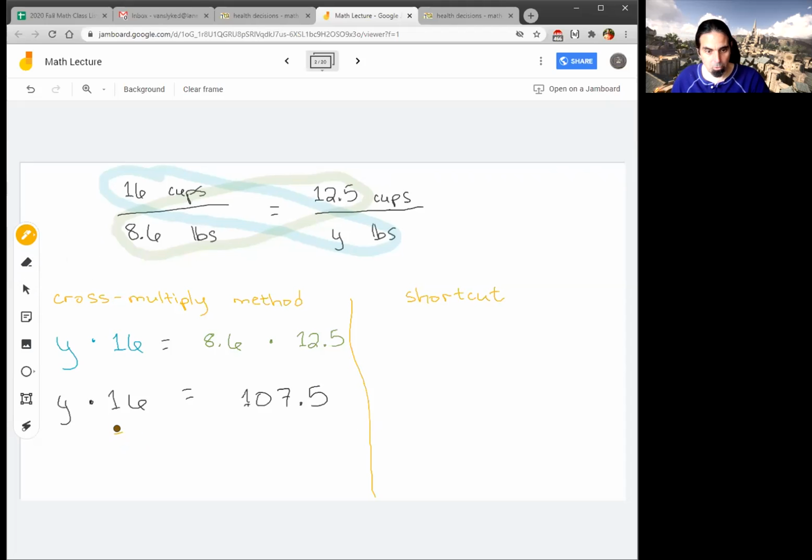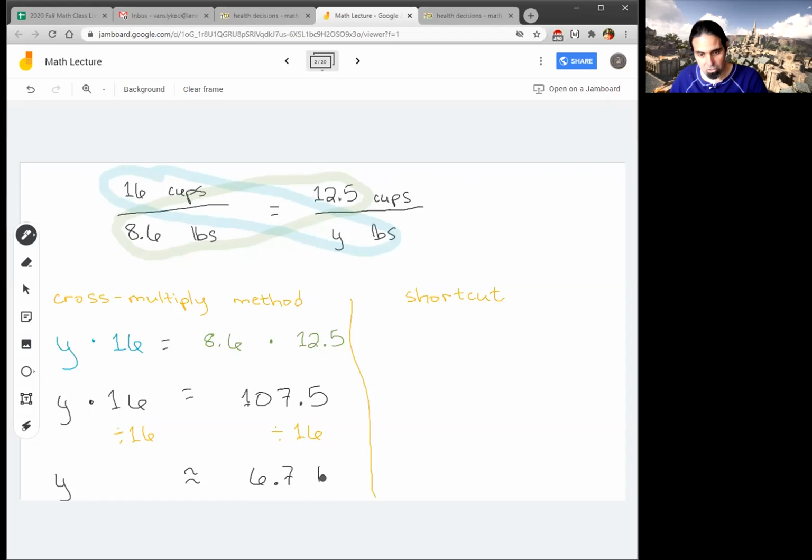And I'm going to divide both sides by 16 to get y by itself, because the opposite of times 16 is divided by 16. And we'll get about 6.7 pounds. Does that seem reasonable?